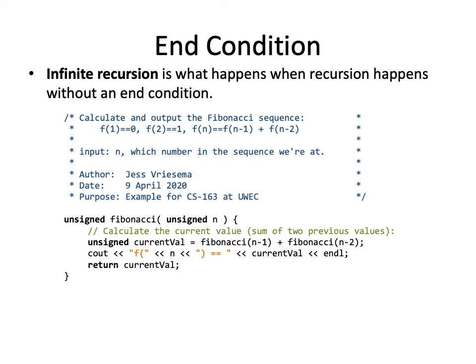The first line of code in my function Fibonacci says calculate the value, current val, as the sum of the two previous Fibonacci numbers. So calculate the value of Fibonacci at n minus 1 plus the value of Fibonacci at n minus 2. Then output the value and the index, the number n, and return this value.